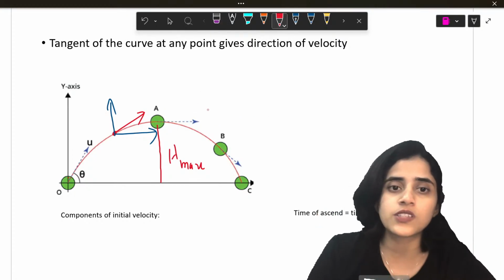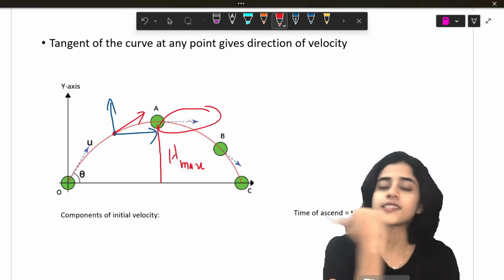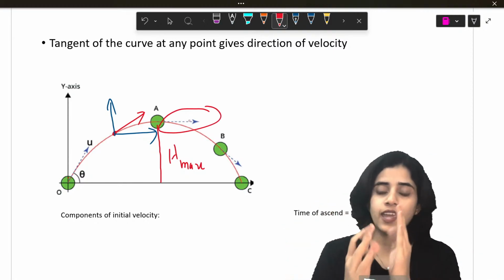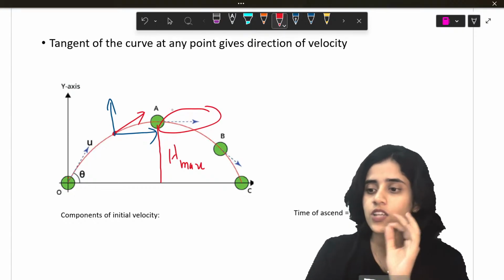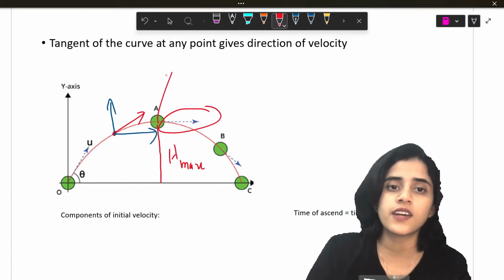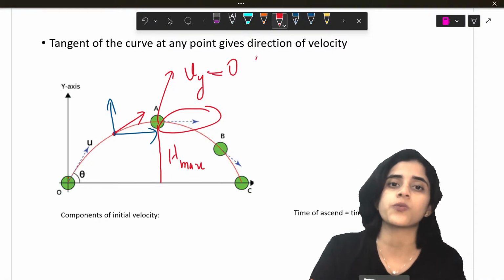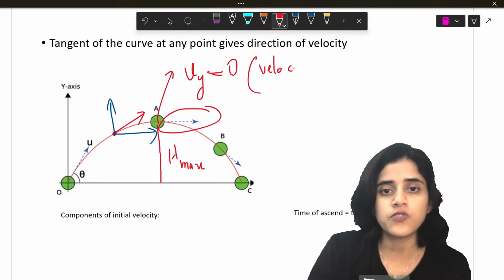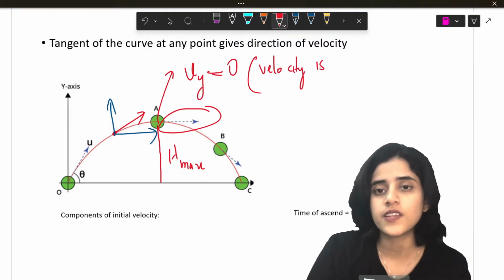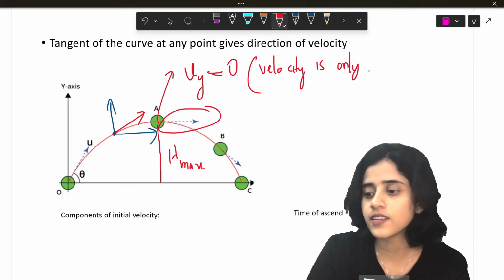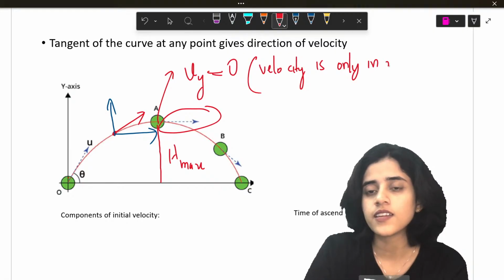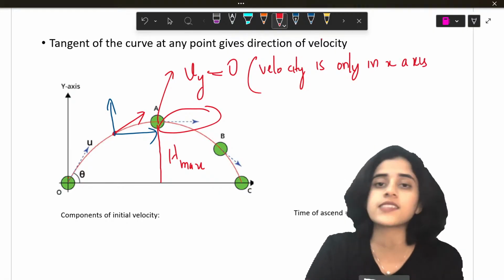Isn't it? So this is the velocity component. It's along the x-axis. So at point A, at maximum height, you can say that velocity along y is equal to 0 because velocity is only in the x direction.